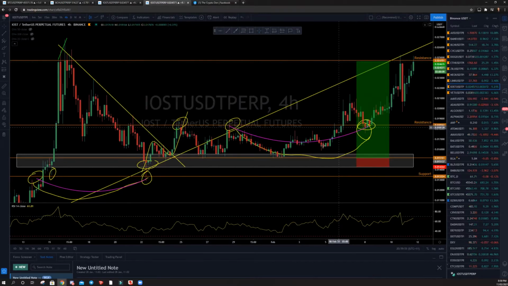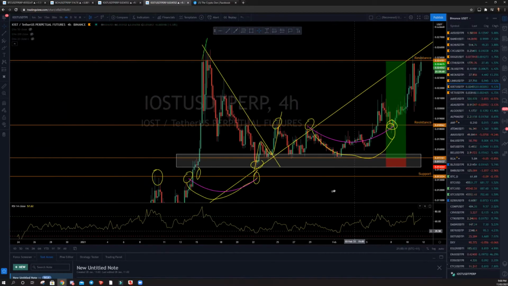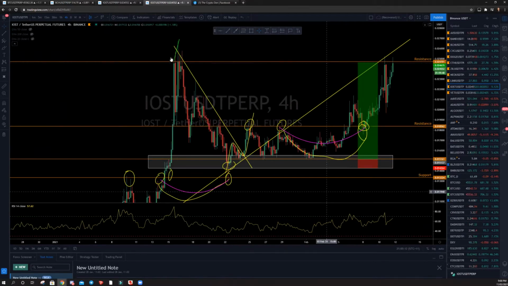It didn't make any moves at all for 2 weeks until it broke this new resistance level where I've put these two circles here, broke that resistance level and then retested that resistance level and then just shot up to my EOS previous highs over here.